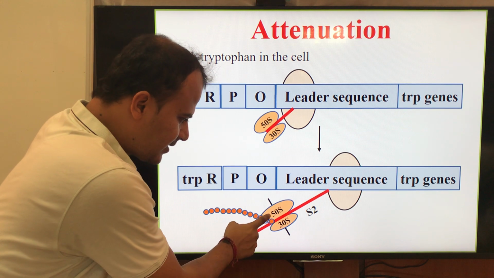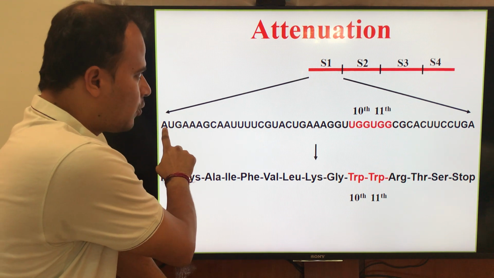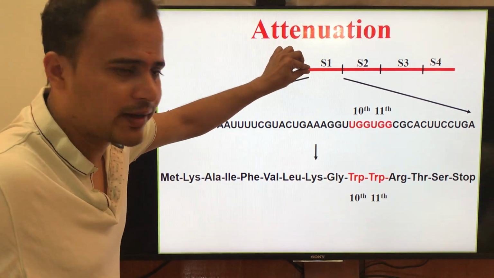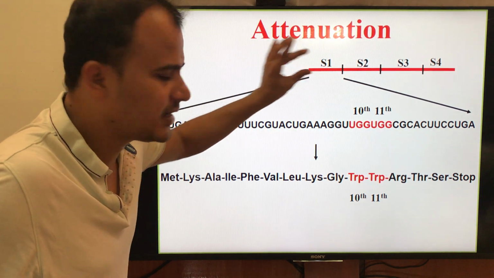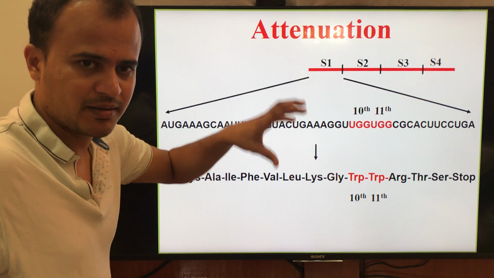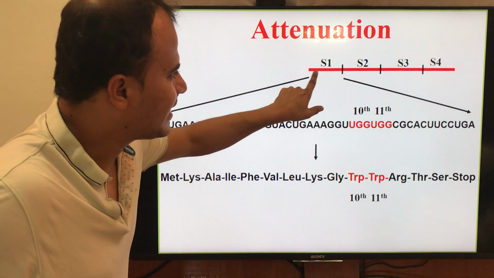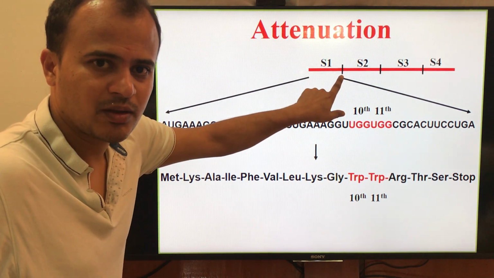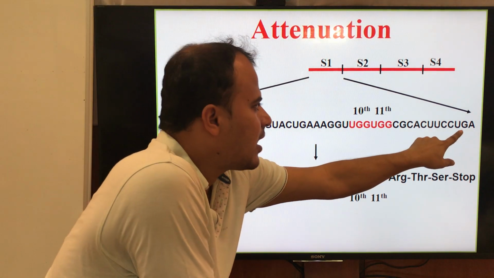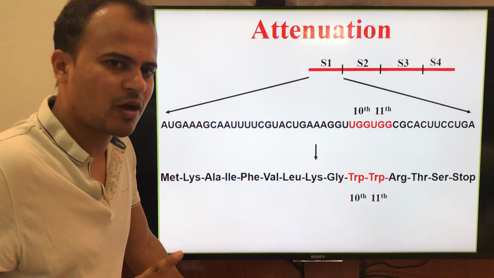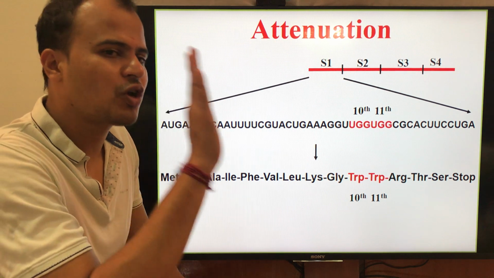When segment 1 is translated by the ribosome, it easily finds the tryptophan, since there is an abundant amount of tryptophan in the cell, and it continues to translate the whole S1. There is a stop codon at the end, UGA, which signals the ribosomes to stop the translation.